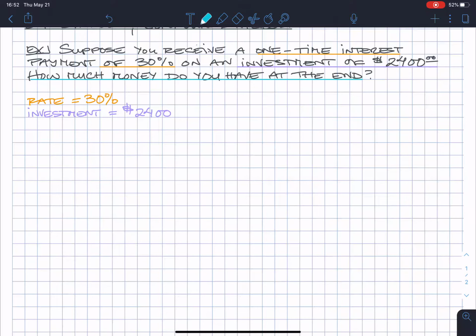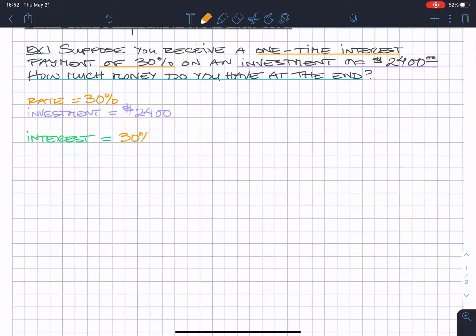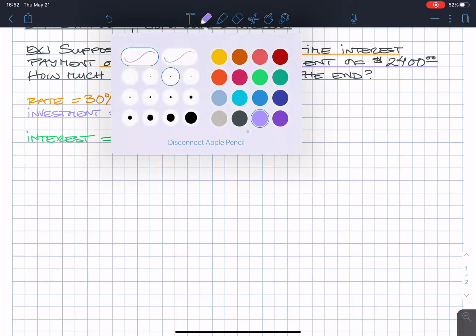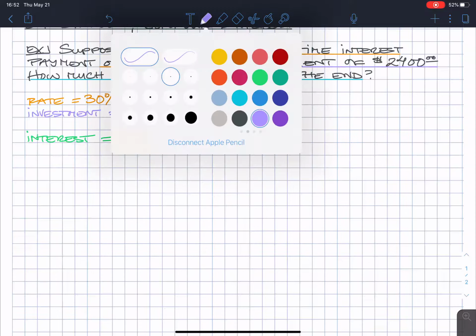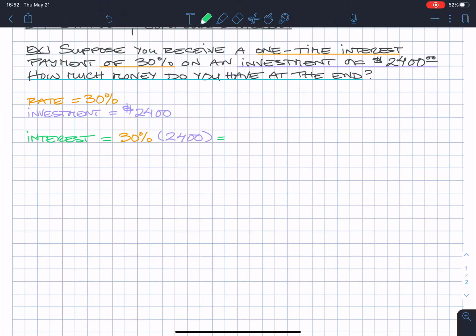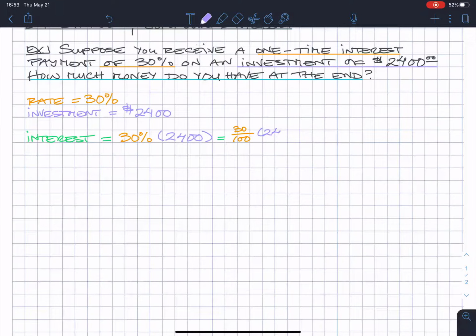Okay, so first let's calculate what is the interest. So we know the interest rate is 30% applied to what? Of, meaning multiplied by 2,400. But remember, anything that's a percent is really that thing, 30 divided by 100. So this is times 2,400.